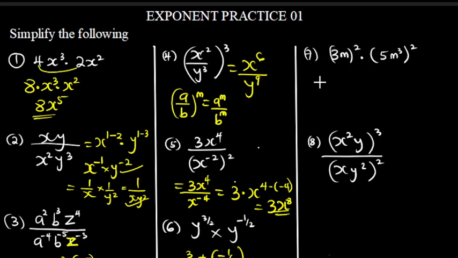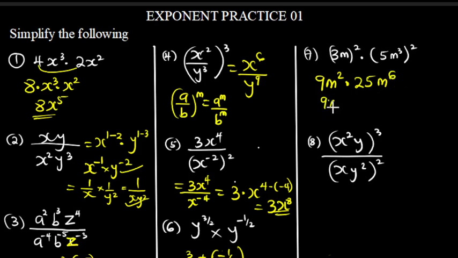So 3 squared is 9, then m to the power of 1 times 2 is m squared, then here 5 squared is 25, then m to the power of 3 times 2 is m to the power of 6.